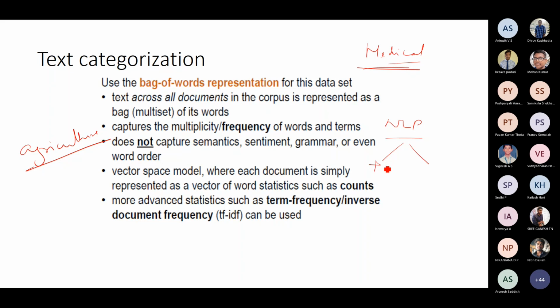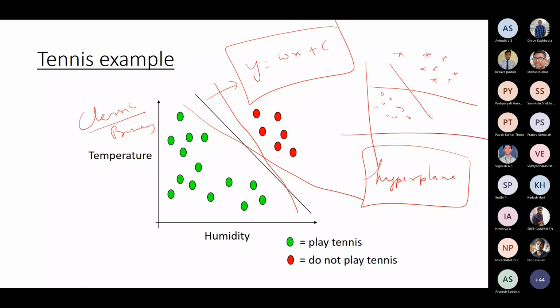So positive sentiment or negative sentiment, there you can go in for support vector machines. That is why we call it text categorization, positive or negative. Is it sarcastic or not sarcastic? Does it have hashtags or not? All these domains you can go in for support vector machines.